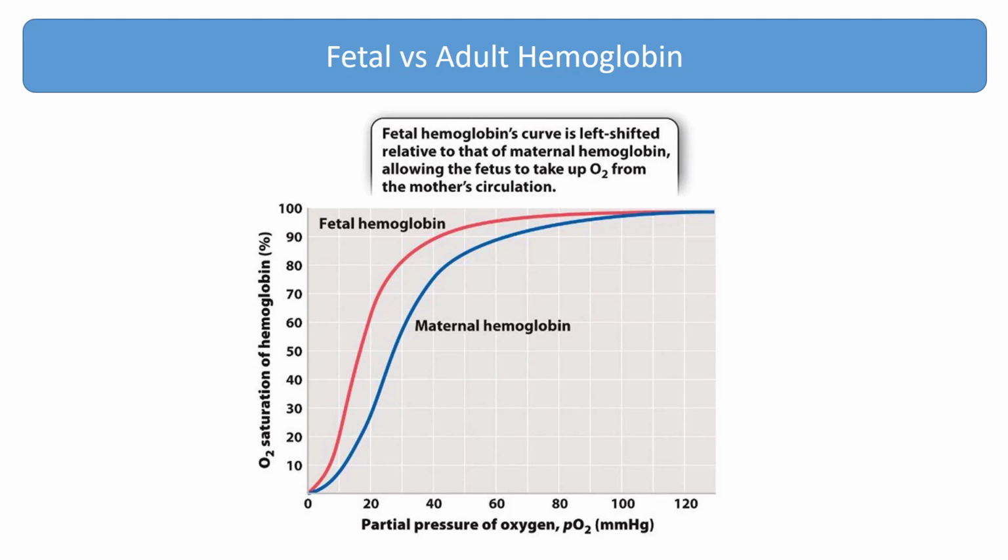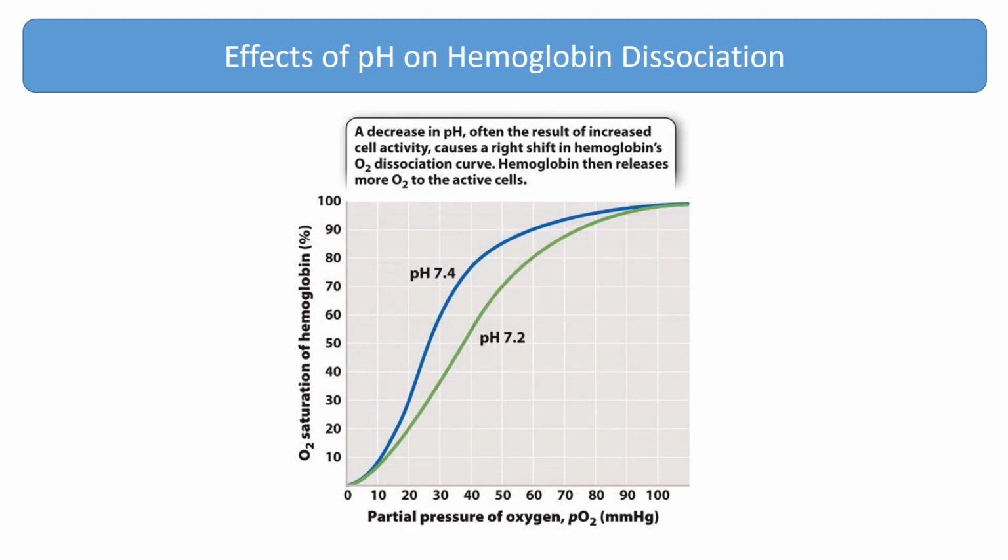Fetal mammals are able to extract oxygen from the mother's circulation because, before birth, they produce a form of hemoglobin that has a higher affinity for oxygen than the mother's hemoglobin. The oxygen dissociation curve for fetal hemoglobin is shifted to the left of the curve for maternal hemoglobin. At birth, the newborn's red blood cells rapidly shift to producing the adult form of hemoglobin.